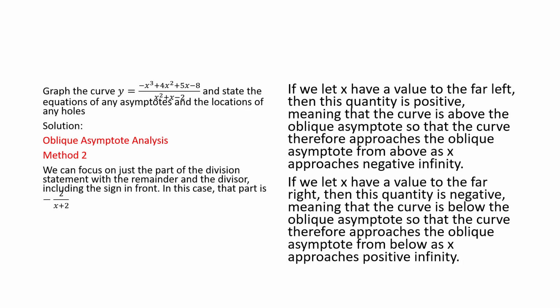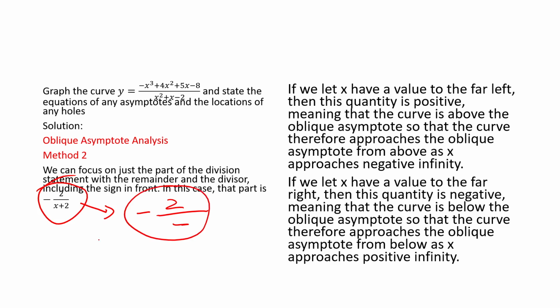That's one way of doing it. Another way of doing it is simply to focus on the part after the oblique asymptote in the division statement, and that part is -2 over x plus 2. Now, if we give x a negative value as we approach negative infinity, we'll have a negative in front of a fraction that has a positive numerator and a negative denominator.